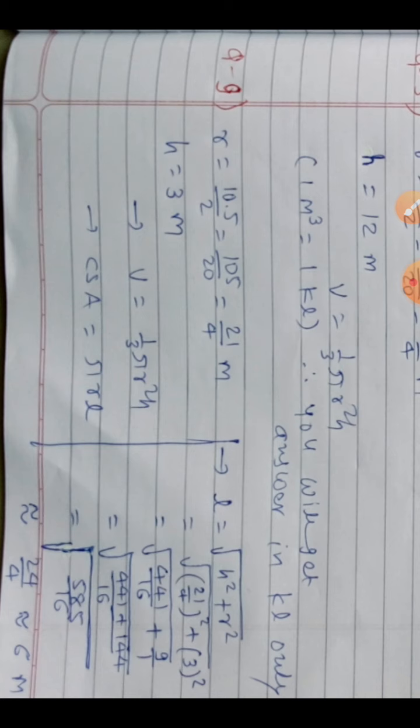Now look there. Actually 16 is a perfect square number, but 585 is not a perfect square number. Why? Because 24 square is 576 and 25 square is 625.